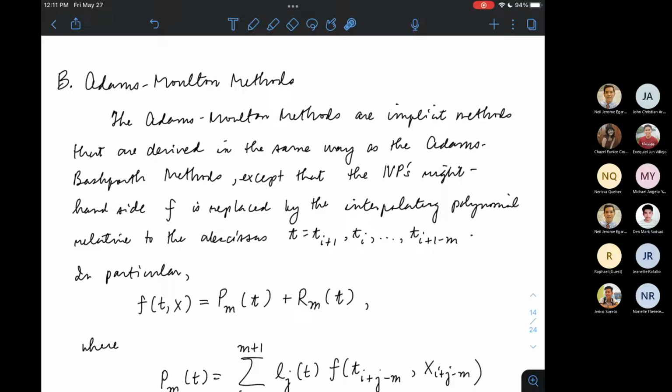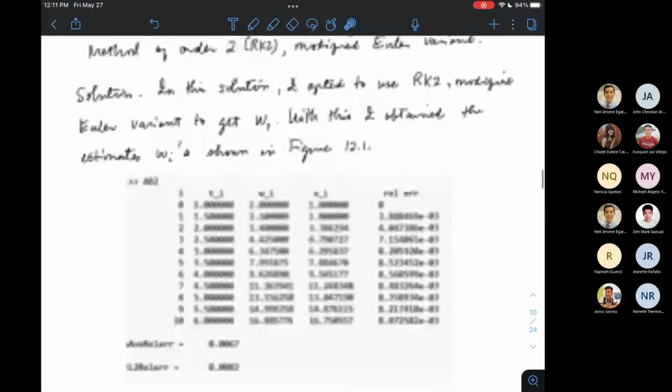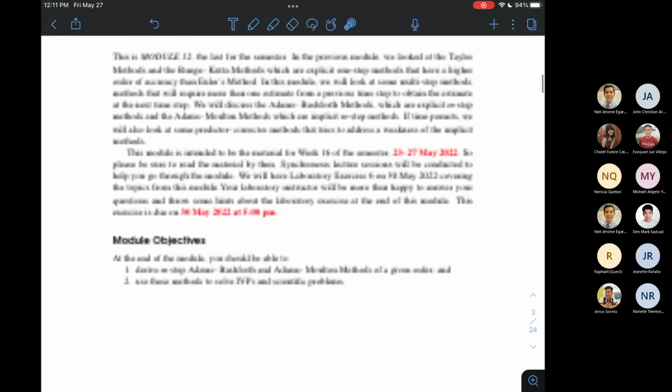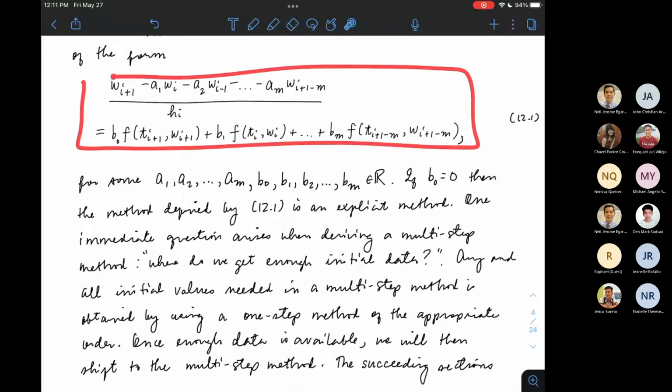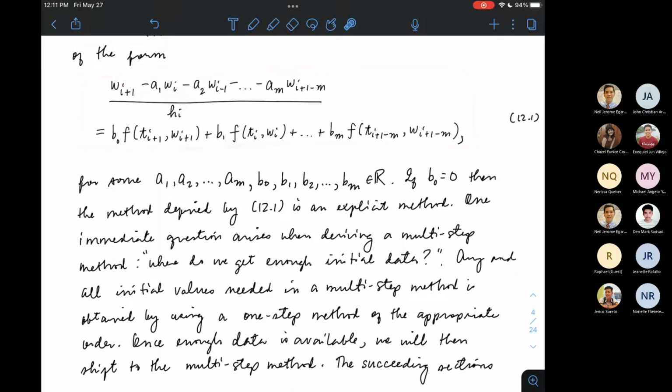Now, as I was saying earlier, the only difference between the Adams-Moulton and the Adams-Bashforth methods is that Adams-Moulton methods might be an implicit method, okay? If you remember, multi-step methods are characterized by equation 12.1. So ganito yung target natin para sa mga m-step methods for solving ODEs.